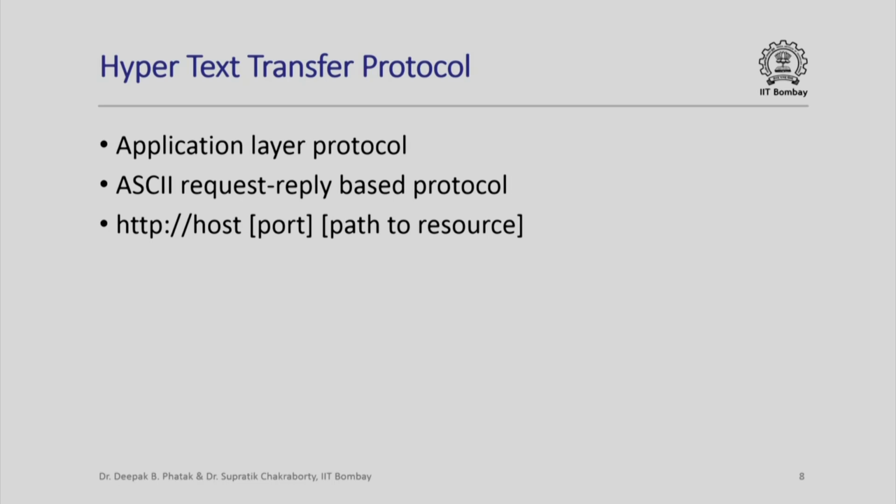The hypertext transfer protocol has been the key for all information exchange and interaction from within computers which are connected on a network. This is an application layer protocol, and it is essentially an ASCII coded request reply based protocol. Typically, you will write http://host followed by a port number followed by a path to resource.